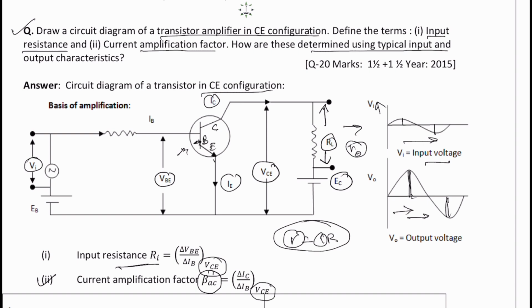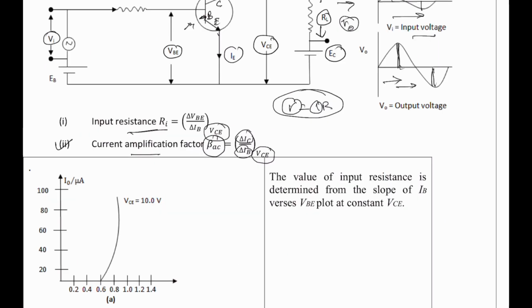This ratio of collector current to base current is called the current amplification factor. Obviously, for an amplifier circuit, the collector current will be more than the base current, so the current amplification factor is more than 1. There will not be any unit because it is the ratio of collector current to base current.